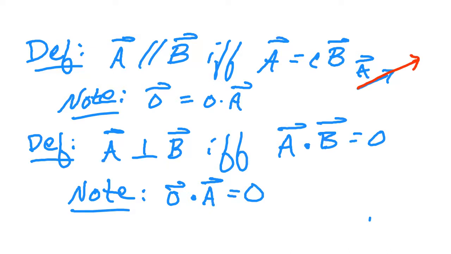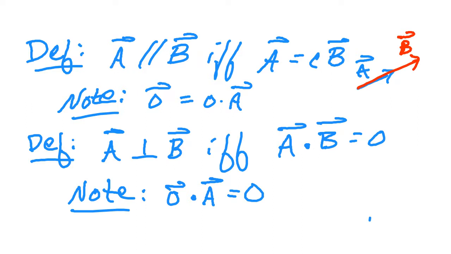If this is some constant times B vector, in this case A vector is 1/2 times B vector, so they're in the same direction.